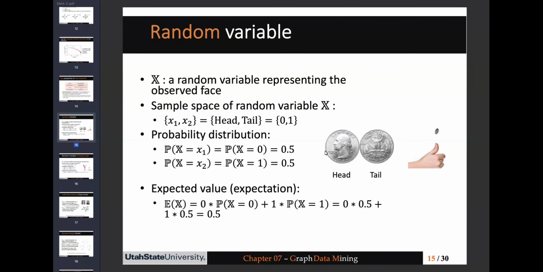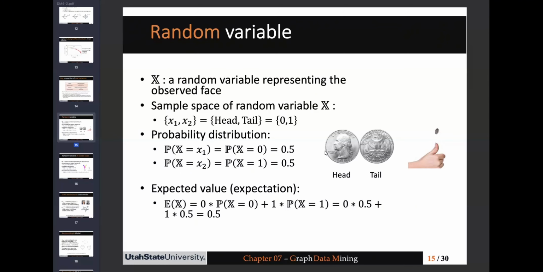Let's start with a very simple example, where our experiment is just tossing a coin. In a fair coin toss, there are two possible outcomes, a head and a tail. These outcomes are not numerical by themselves, but we would like to encode them in order to get numerical values.